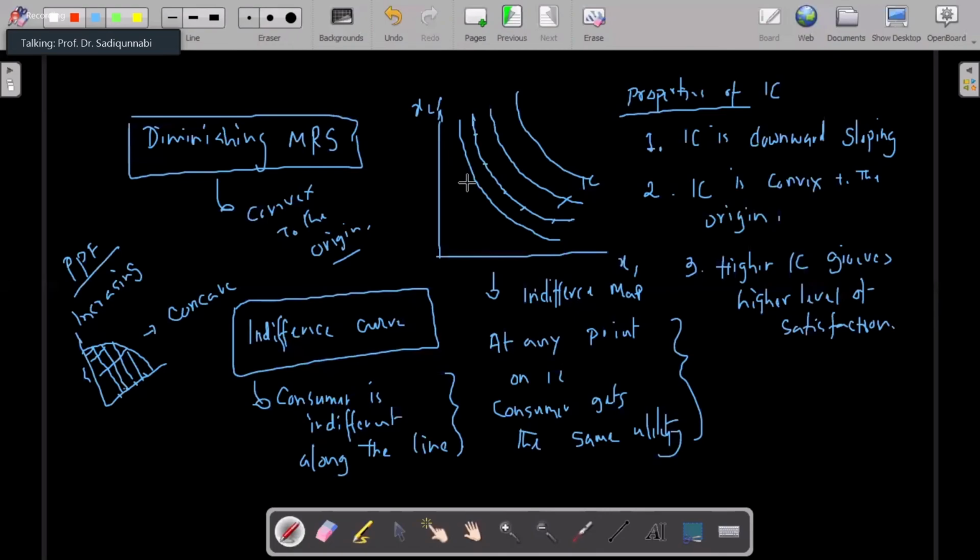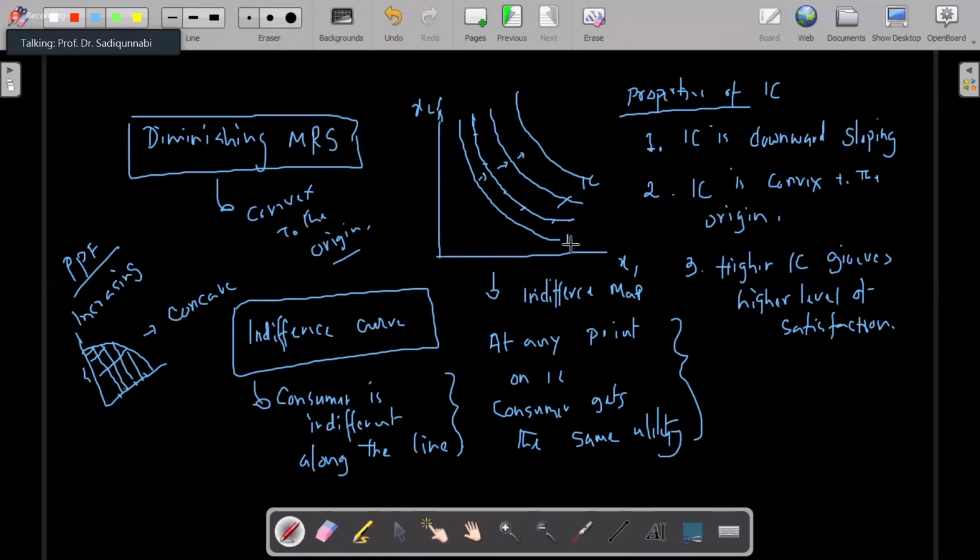That means if we move from one IC to another IC to another IC, the higher you reach, the higher level of satisfaction you are getting. On the same IC, you are getting the same level of satisfaction, but if you move forward, you get a higher level of satisfaction.